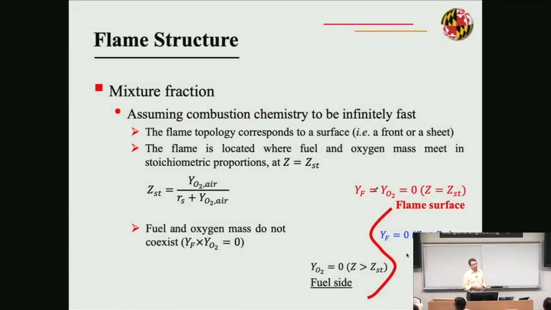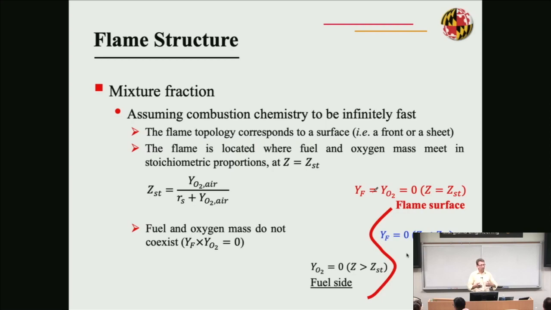So you have this viewpoint that is a little bit simplified, but is good enough to really understand the structure of laminar or turbulent diffusion flames. I should say that turbulent diffusion flames typically are described as a collection of laminar flames. So when you understand a laminar flame, you also understand much of the story about a turbulent flame.